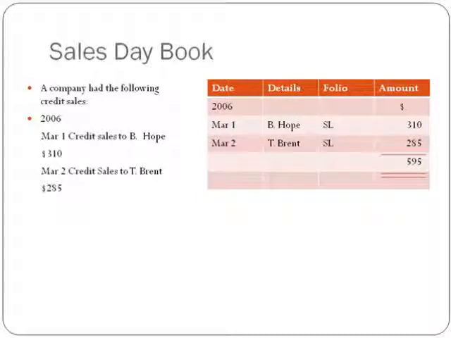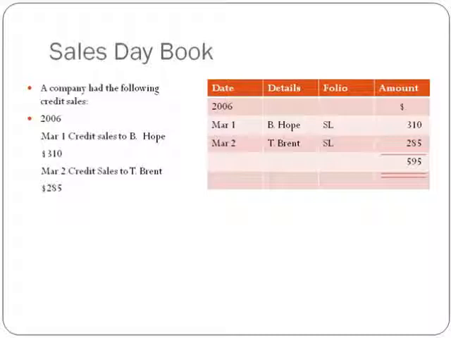Here we have an example of what it takes to do a sales journal. Alright, here the question says, a company had the following credit sales in 2006. March 1, credit sales to B Hope amounting to $310. Credit sales to T Brent amounting to $285.